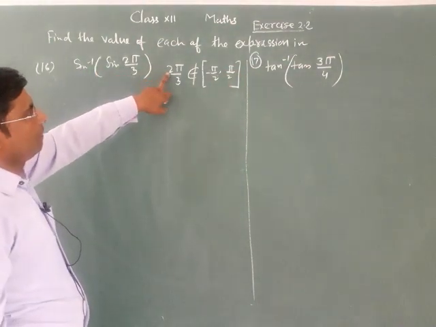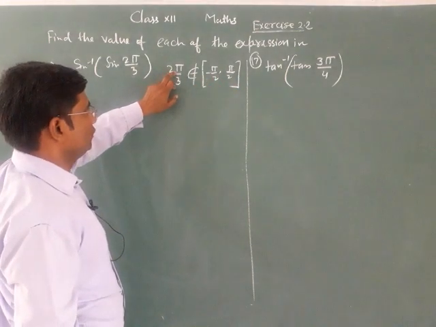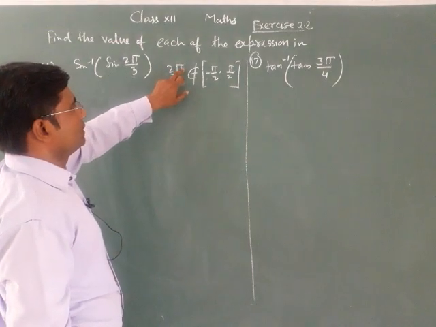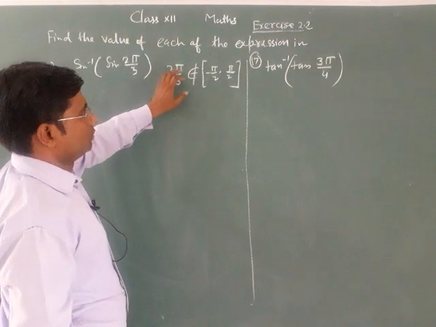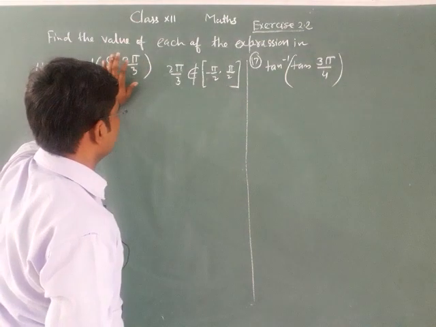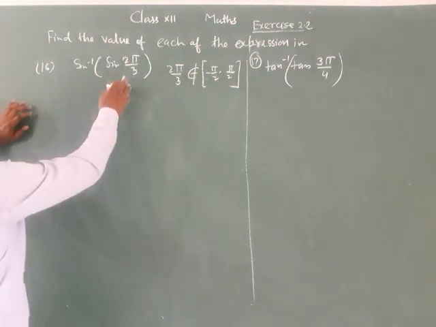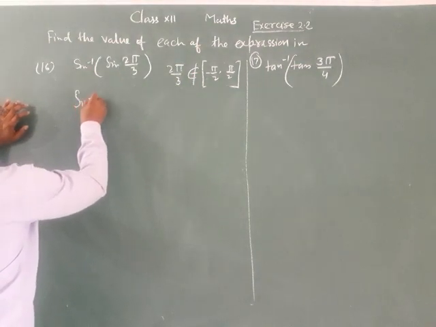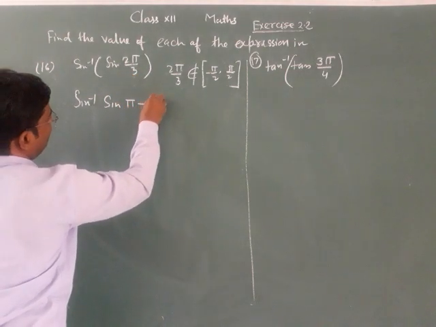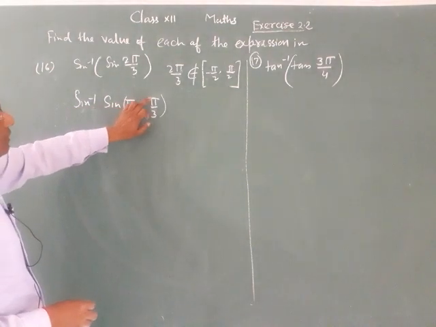So 2 pi minus 90 to 90, and this is 2 into pi 180 divided by 3, 120. So now out of range. So this is not belonging in this. Now change it to between this range. So sin inverse sin 2 pi minus pi by 3. Sin inverse sin pi minus pi by 3.